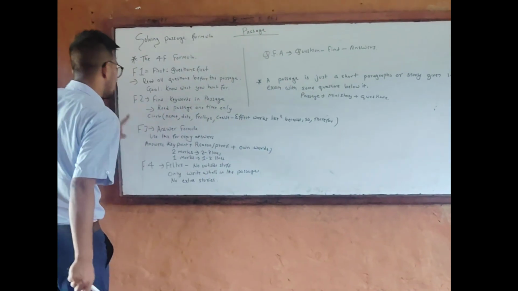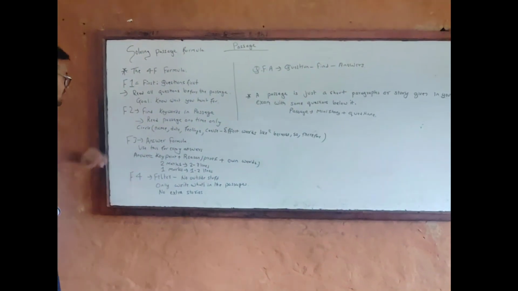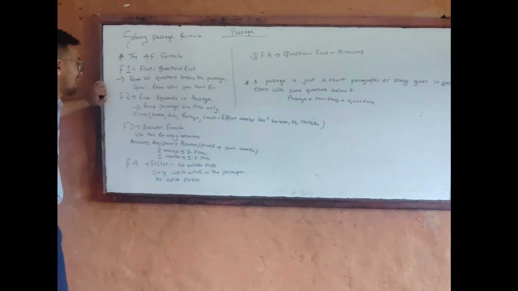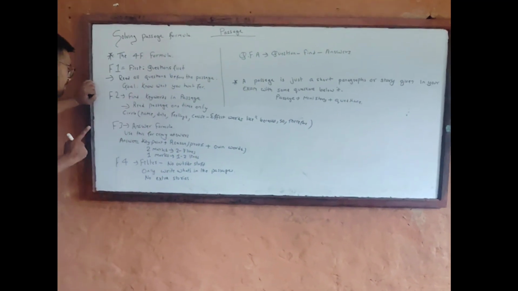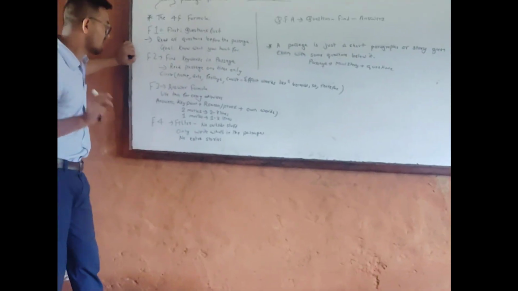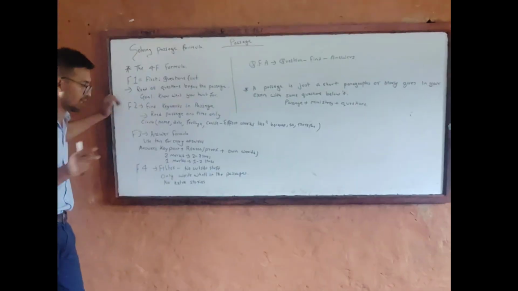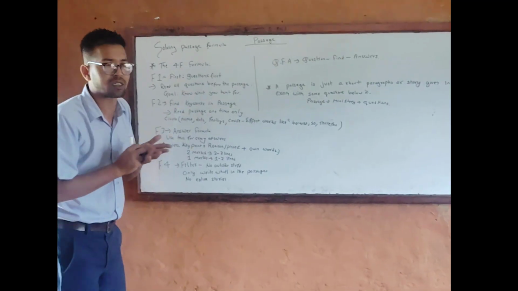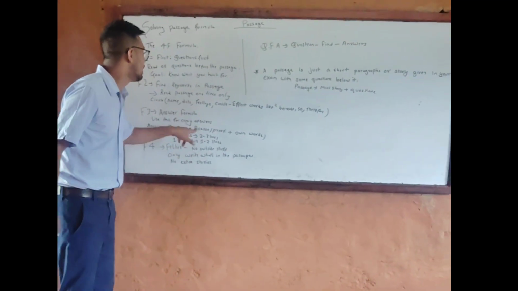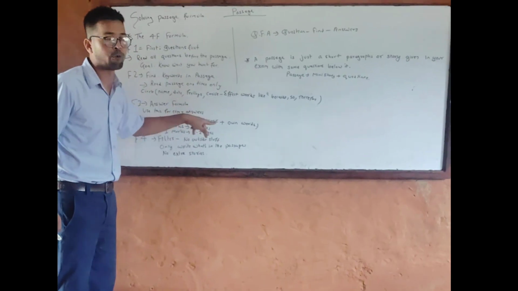Now see F3. F3 is the answer formula. Use this for every answer. This is how you have to write the answer, everybody. First, you have to write the key point. Key point means the subject, what the question is asking. Then you have to give the reason or proof.